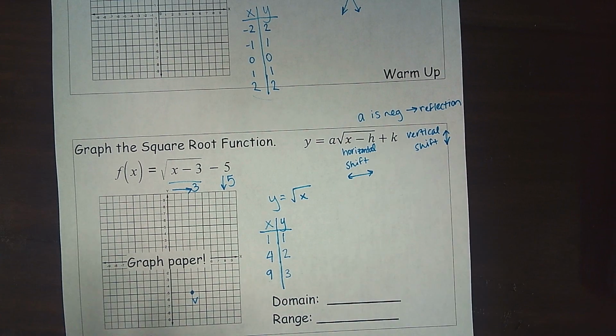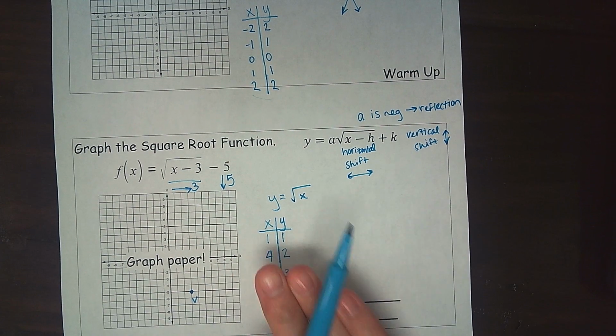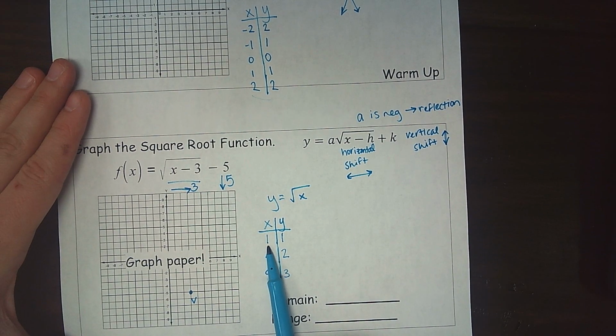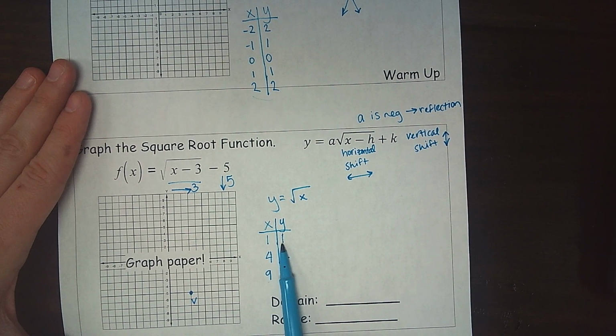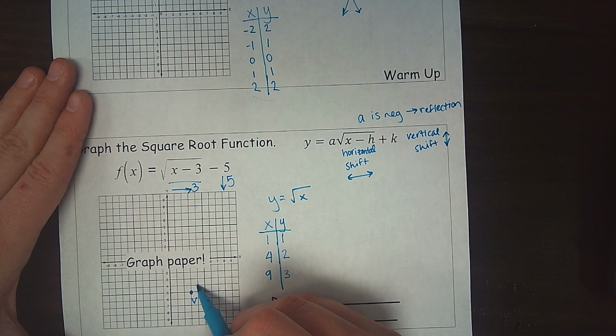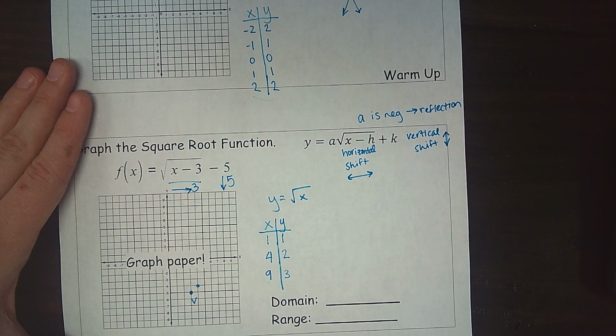Okay, so I'm going to pause on my table for a second. Let's go ahead and graph what we have right now. So again, this is saying that I need to go right 1 and up 1. So starting at my vertex, I need to go right 1, up 1. Next one, starting at my vertex, my input tells me I need to go right 4 and up 2.